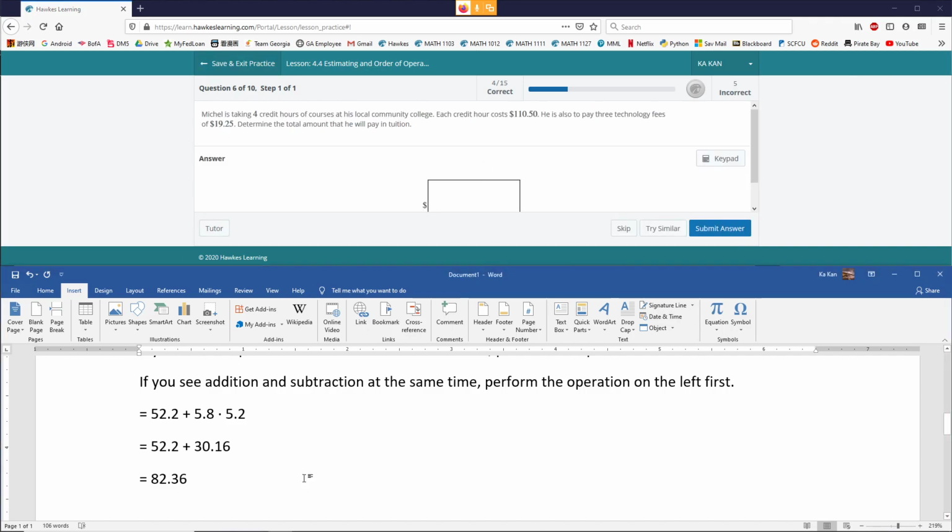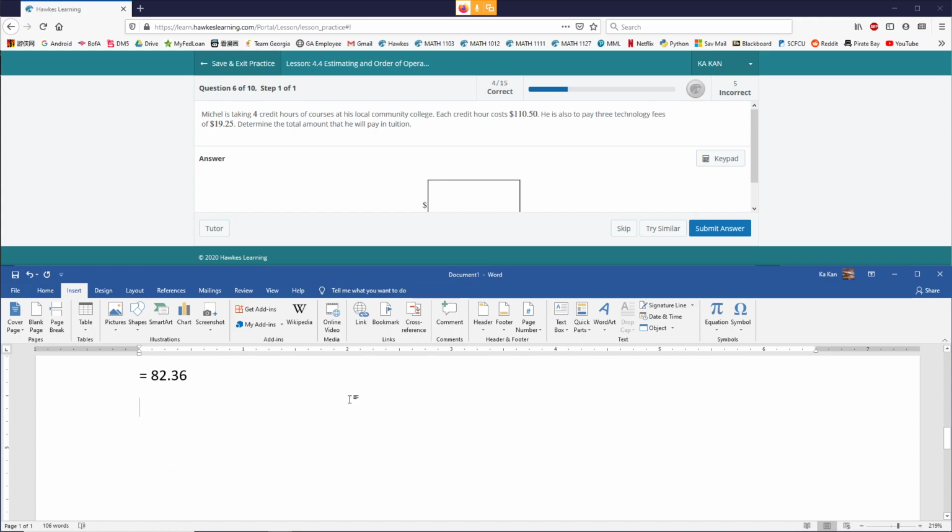The next one. Michael is taking 4 credit hours of course at his local community college. Each credit hour costs $110.50. He also has to pay 3 technology fees of $19.25. With any college or classes you're taking, you pay for the course, but you've got administrative fees, test fees, all the fees that top off the tuition.